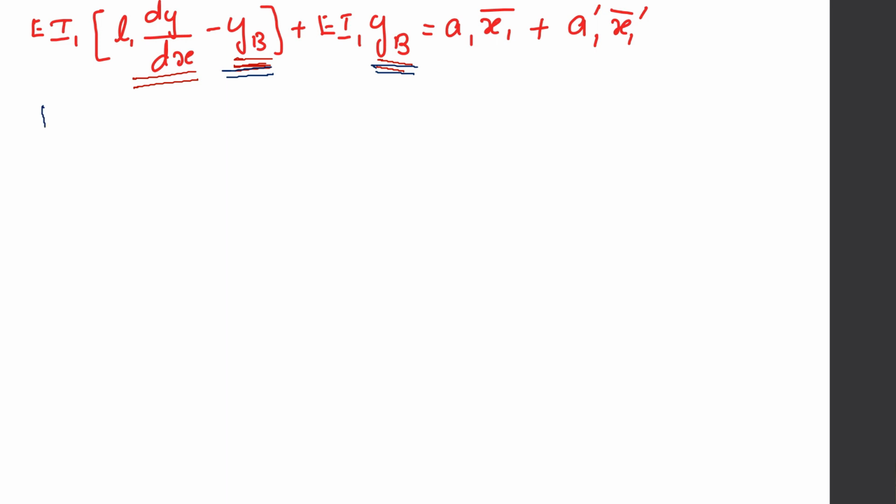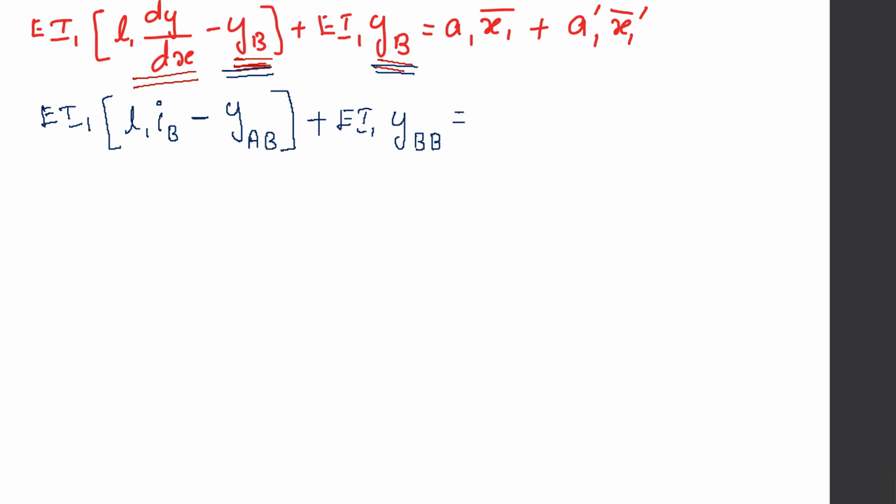By replacing, we can write EI1 into L1 into this dy by dx, which is actually the slope at b, so it is written as ib, minus this deflection, which is the deflection at b with respect to A. That is, what is the deflected distance of B with respect to A. So we will write it as YAB, measuring it from A, plus EI1 into the deflection at B with respect to B, is equal to A1 x1 bar plus A1 dash x1 dash bar.